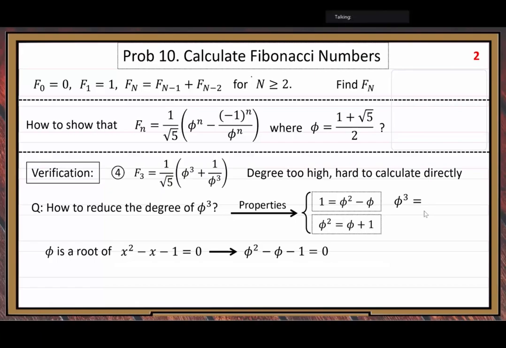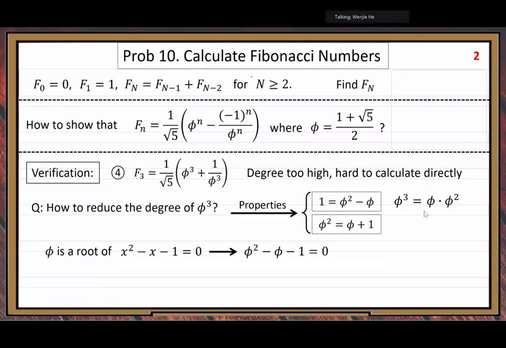Now, we can work on this phi cube expression. Our goal is to bring down the degree of this expression. How to do it? Let us split this phi cube as phi times phi squared. Same thing, but a different presentation of the same content.